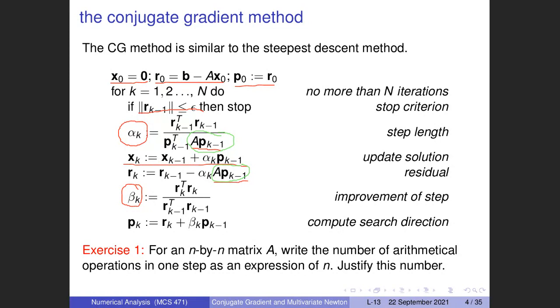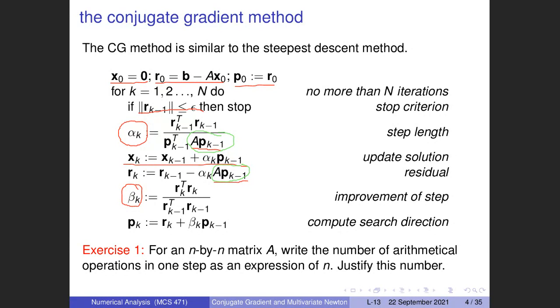But if you look further, other than the green circled computation, either we multiply a vector with a scalar, or we do the inner product of two vectors.